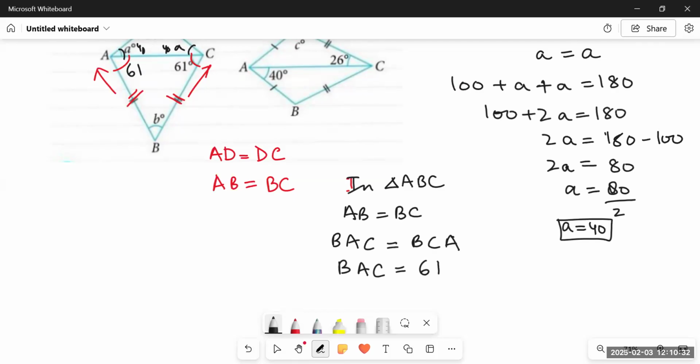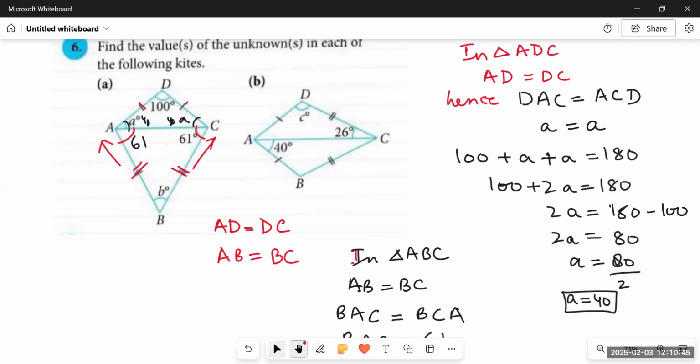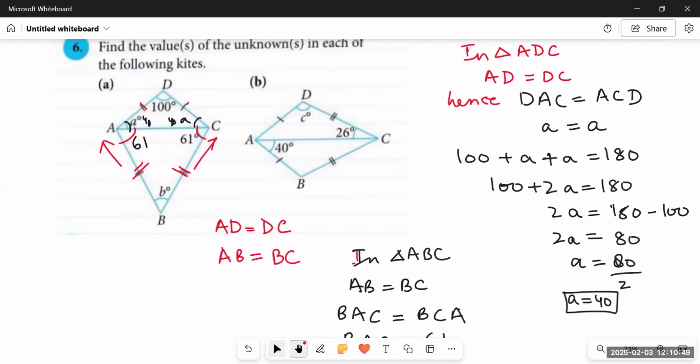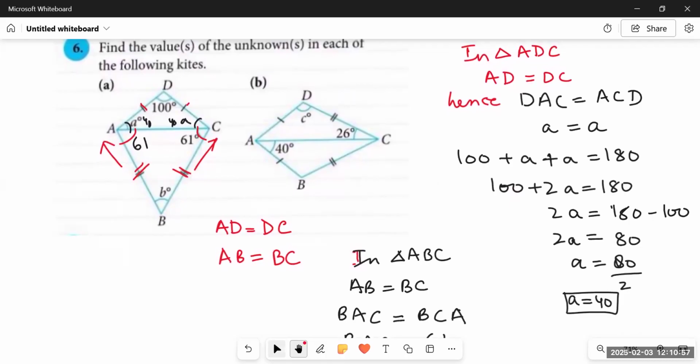And now after getting two of the angles, we can easily find out the third angle, which is angle B. You see, earlier in the previous triangle, one of the angles was given which was not equal to any of the remaining two angles. So what we did, first we subtracted it from 180 and then we divided it by 2. But in this triangle, unlike the previous triangle, one of the angles is given which is equal to another angle. So first we kept the other angle as 61 as well.